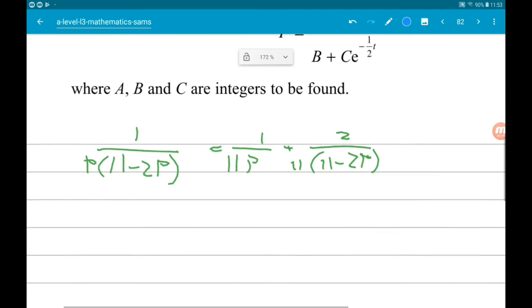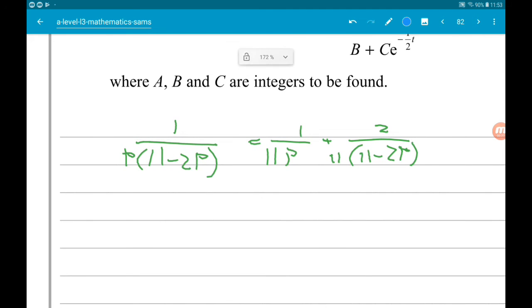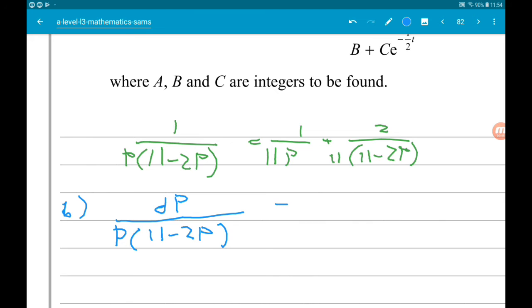So, we are going to get dp over p times 11 minus 2p is equal to dt over 22.